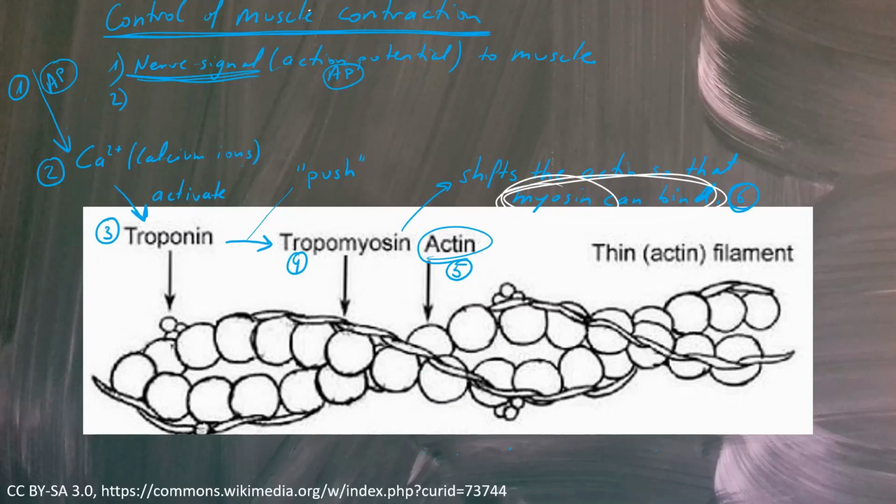Here we also had a look at how muscle contraction is controlled, starting from a nerve signal, an action potential, to the binding of the myosin. You see that you have a whole bunch of other proteins like troponin and tropomyosin involved, so one thing causes the other thing to happen.